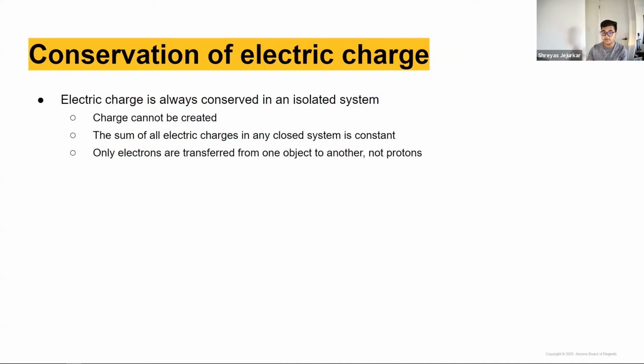Essentially what it's saying is that they can't be created or destroyed, and they're just conserved. And when there is a transfer of electrical charge, only electrons are transferred from one object to another, not protons. So whenever we talk about a transfer of electric charge, we're always referring to the transfer of electrons, never the transfer of protons.